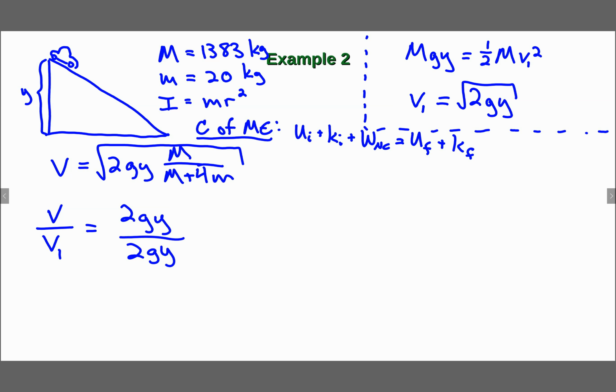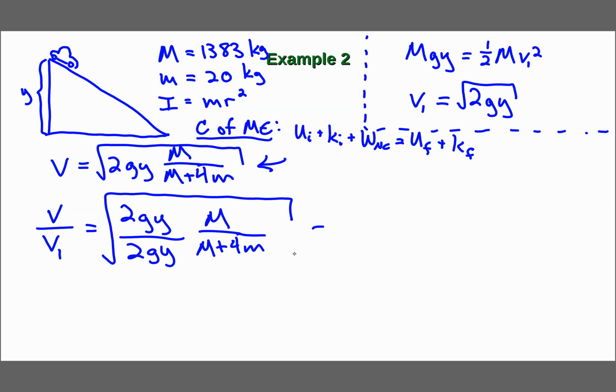So I have the 2gy from this one, and the 2gy from the sliding without friction, and then I also have this term for the car rolling down the hill, and that equals big M over big M plus 4 little m, in a root.